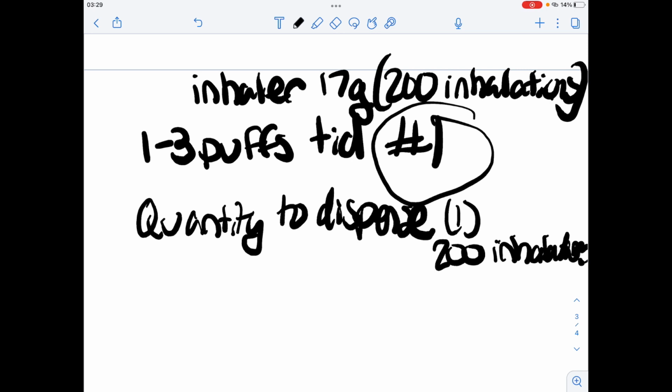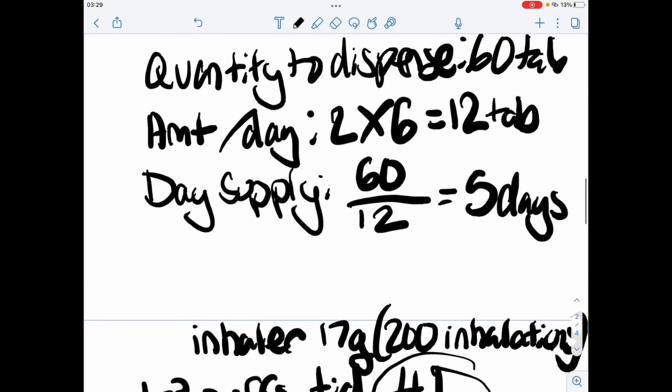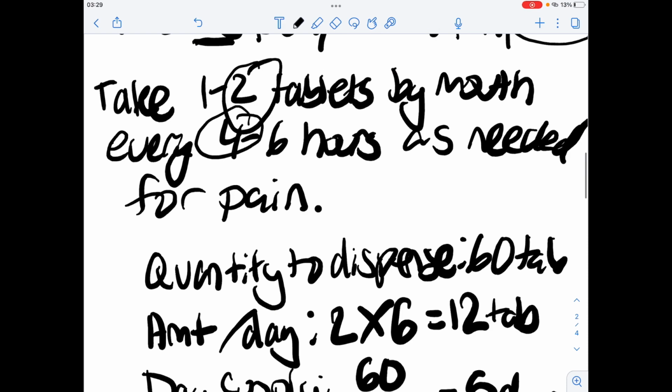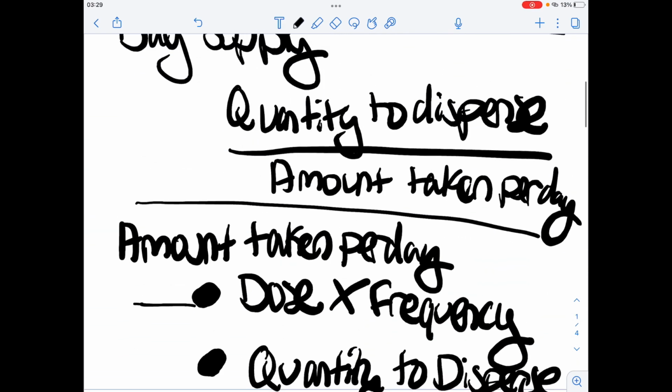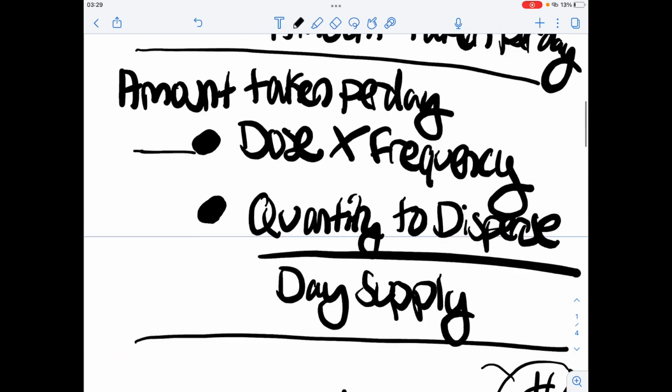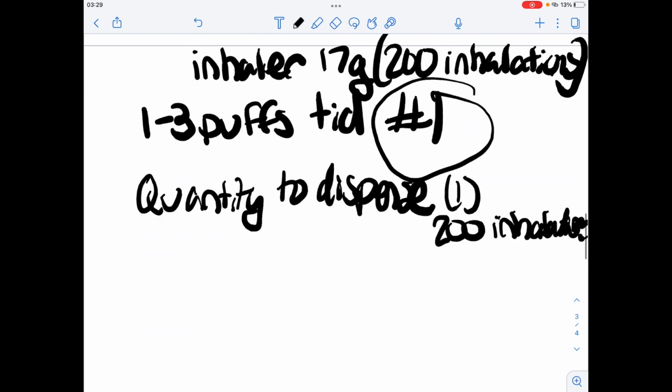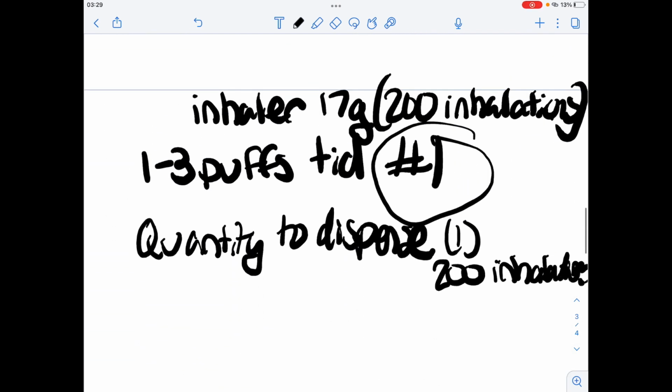Remember, from before, the amount taken per day would be the dose times the frequency. So here our dose at the max amount would be 3, so 3 times a day.